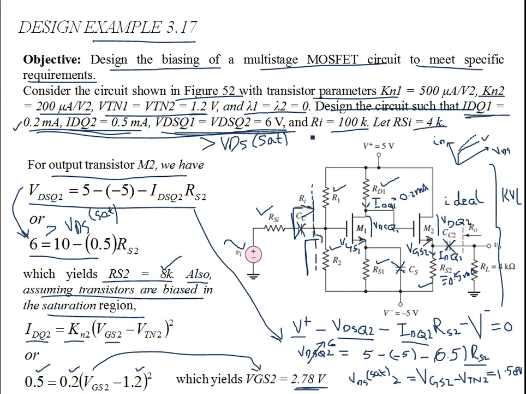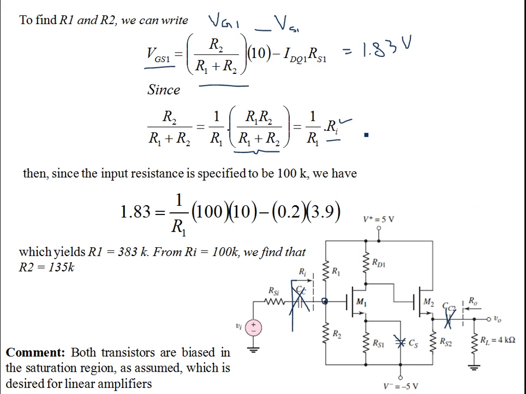The input resistance requirement was 100 kilo ohms, so let's substitute this value. VGS1 was 1.83 volts. Then you have 1 over R1 times this combination, times 10. The input resistance was 100 kilo ohms, so R1 R2 over R1 plus R2 can be written as 100.